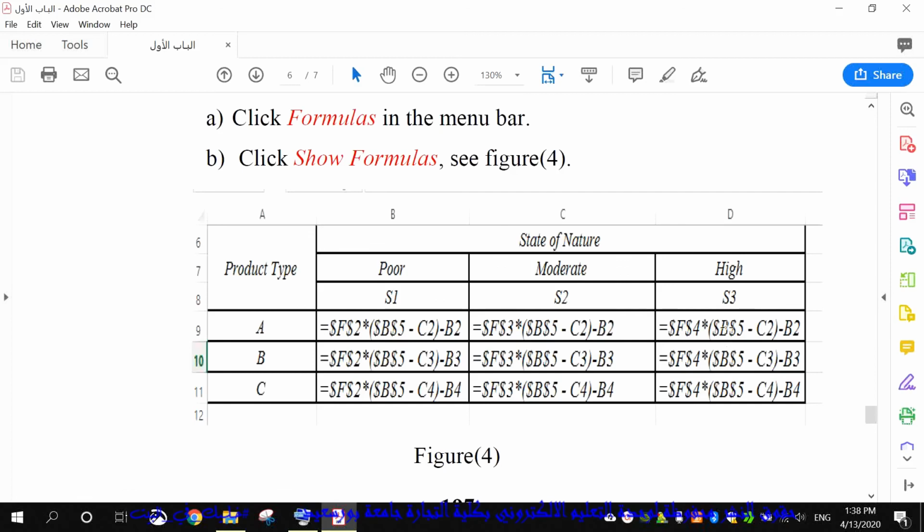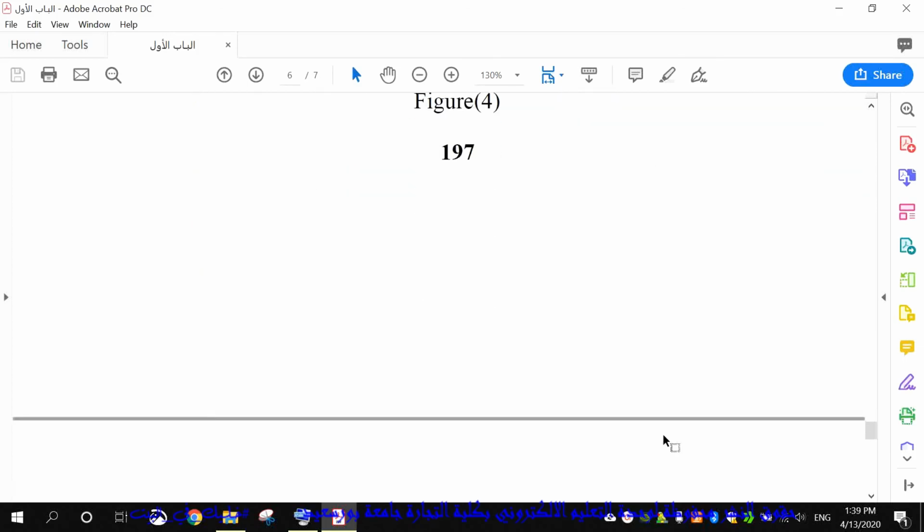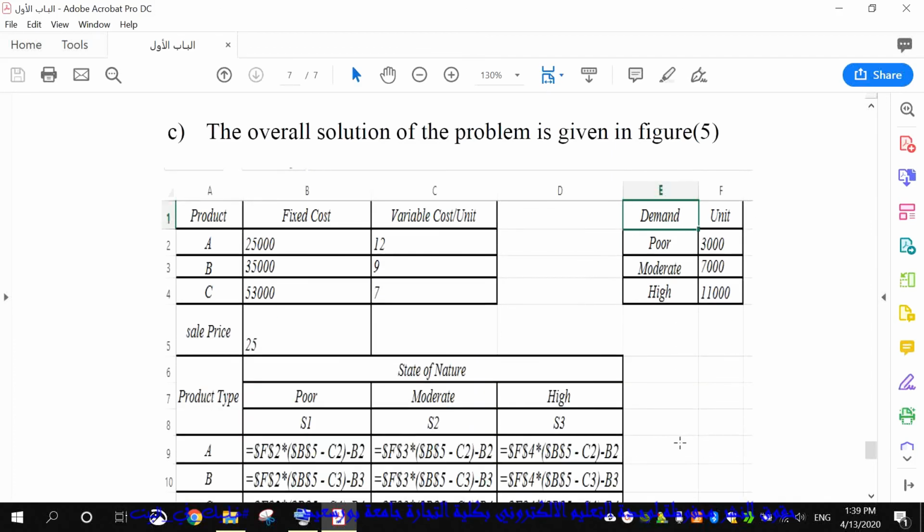Also by clicking and dragging the cell D9 up to D11, you will see C2 and B2 changing into C3 and B3 until they reach C4 and B4. The overall solution of the problem is given in figure 5.